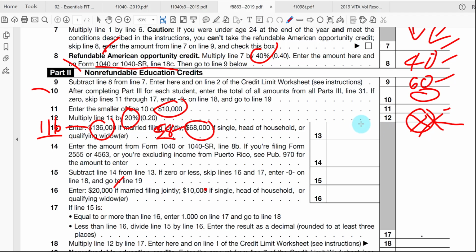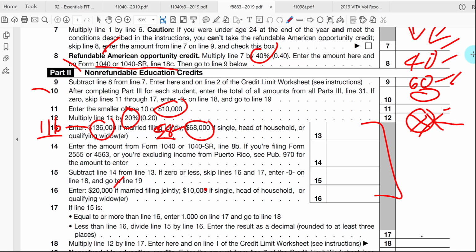And that's calculated in these lines over here. Okay, and then we're going to eventually add in this non-refundable part of the American Opportunities credit.